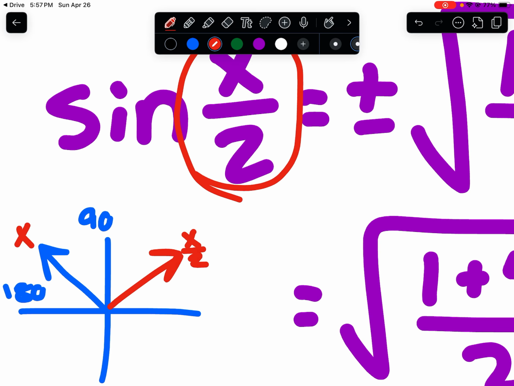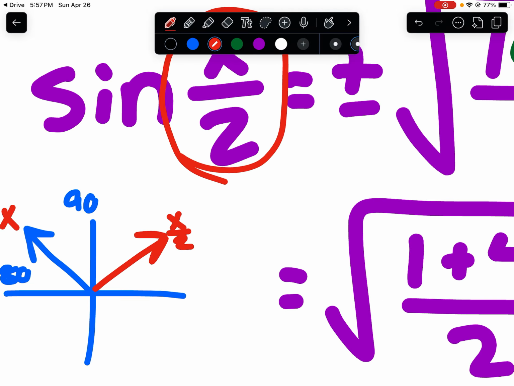Even on the lowest end, 90 divided by 2 gets me 45, which is in quadrant 1. If I go 180 divided by 2, that gets me 90, which technically isn't in quadrant 1, but it's not in quadrant 2 either. It's right on the y-axis. And even if you went just a tiny bit smaller than 180, like 179 divided by 2, that's going to get you an angle in quadrant 1.